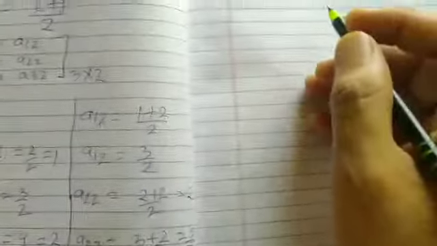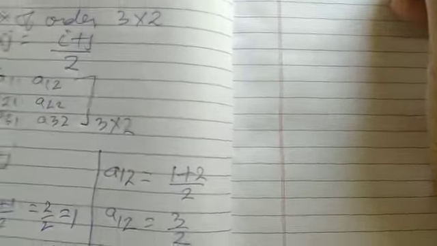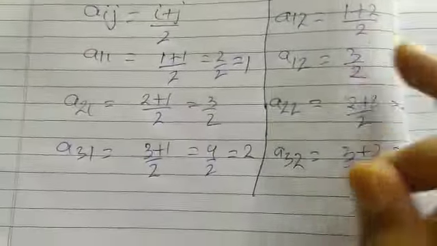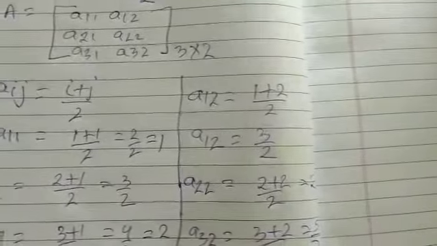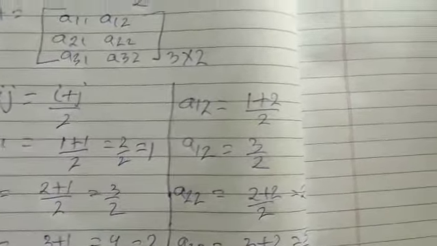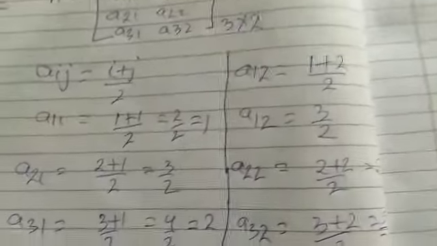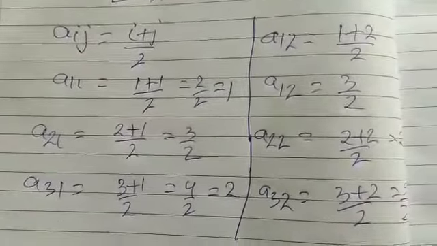First we write A11, which is 1. Then A12 is 3 by 2. Next A21 is 3 by 2.